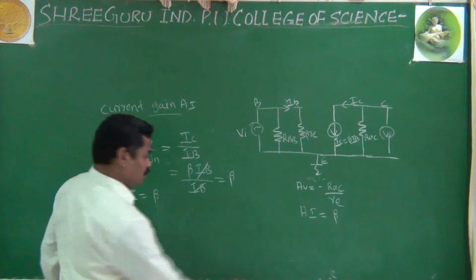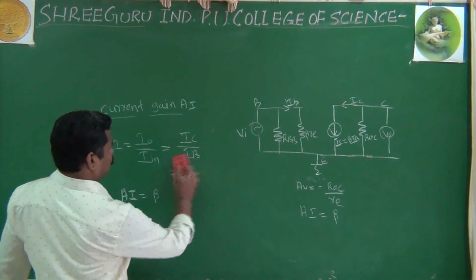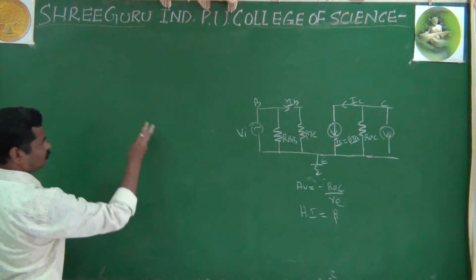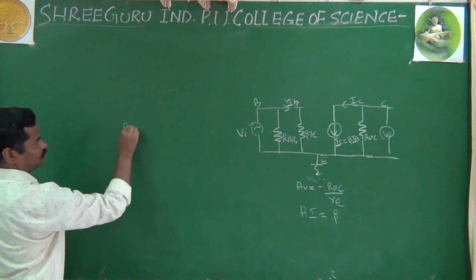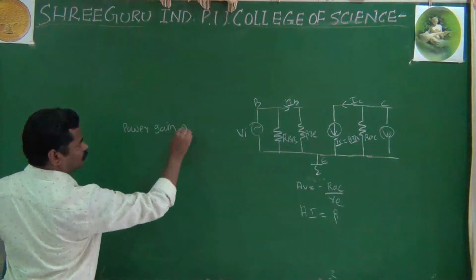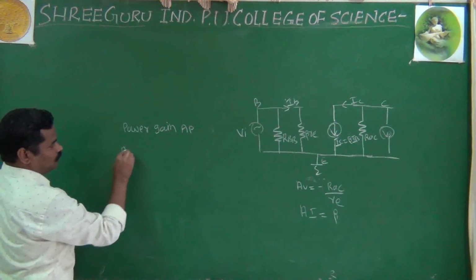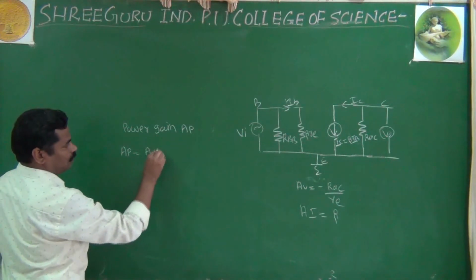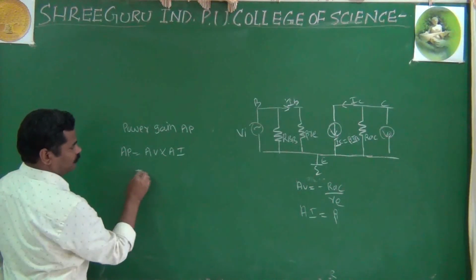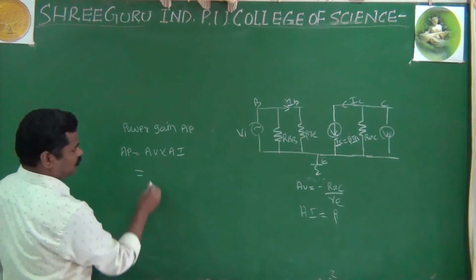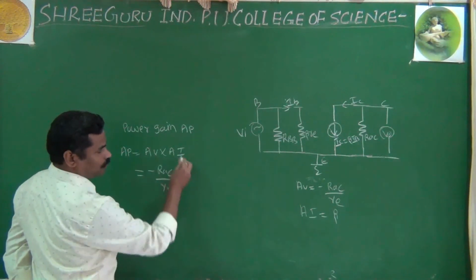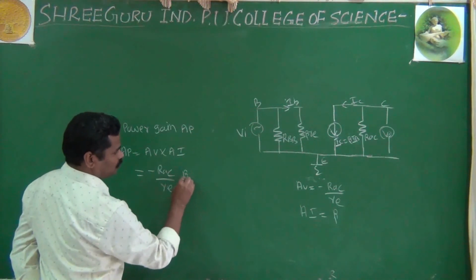Then you go for the power gain. Power gain is very simple: AP equal to AV into AI. We know AV is minus RAC by RE, and AI is nothing but beta.